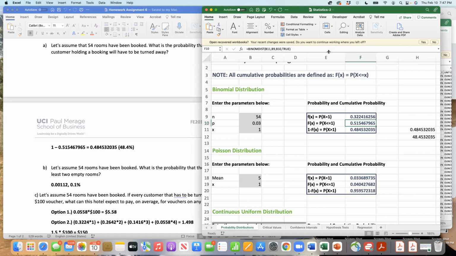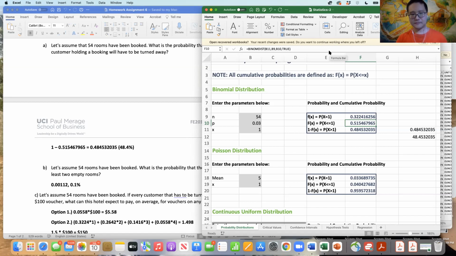Do we need to find the probability for the 50 rooms? Yes, correct. So notice that on the spreadsheet, what we're calculating is the distribution of people, right? It doesn't really consider rooms. To answer the question, we need to understand the relationship between the number of people booking the hotel and the number of hotel rooms the hotel has.